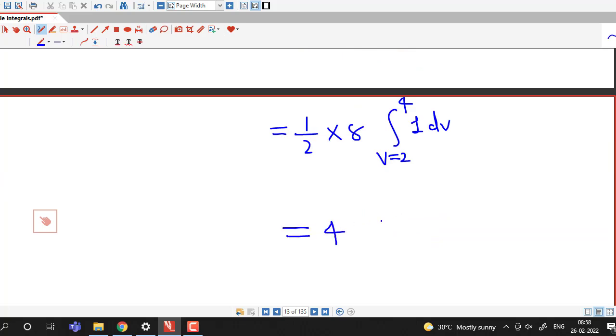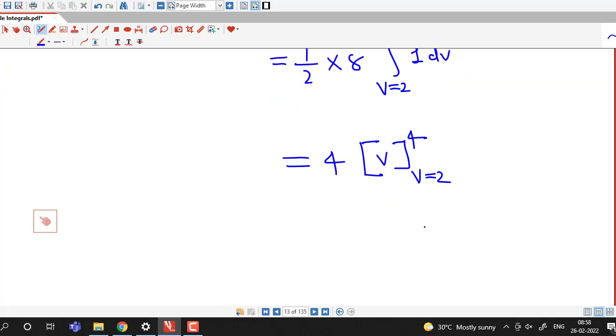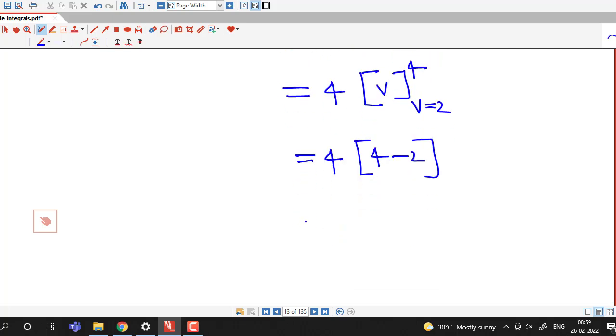The integral of 1 with respect to v is v, with limits of v from 2 to 4. So this is equal to the upper limit of v, 4, minus the lower limit of v, 2. So finally we obtain 4 into (4 minus 2), that is 2, equal to 8.